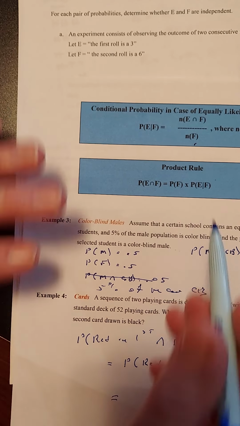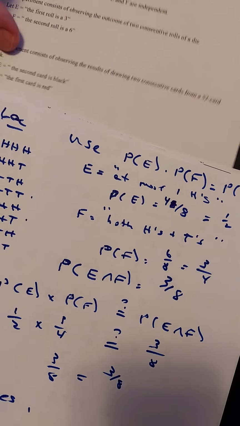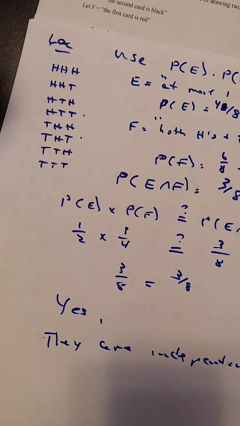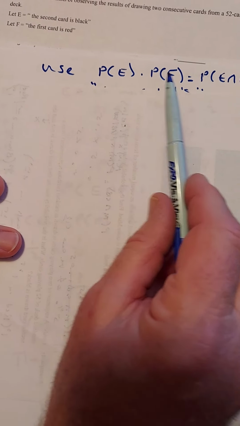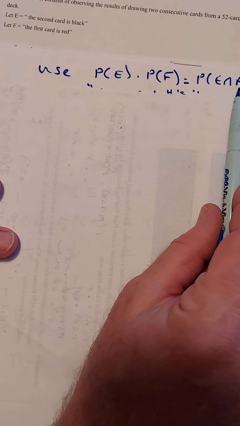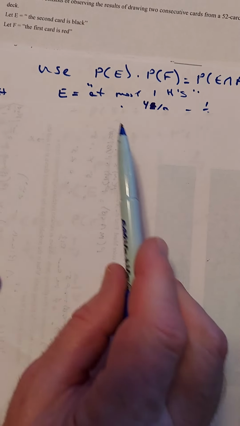So I'm going to use this formula here. The probability of E times the probability of F equals the probability of E and F. So what we're going to do is plug our numbers into that to see if it works out.